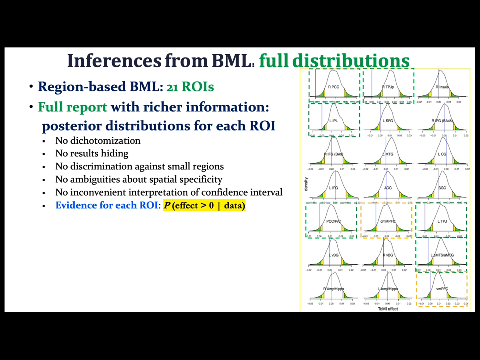I can also highlight some of the regions, but that doesn't mean I can't say something about this region, even though only 94% of the mass is greater than zero, right? We don't have to use hard thresholding.